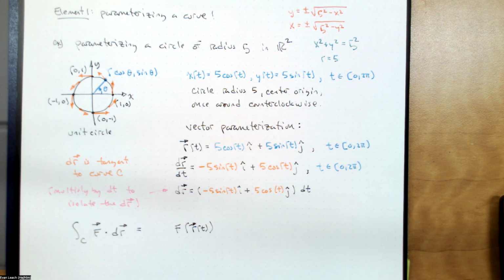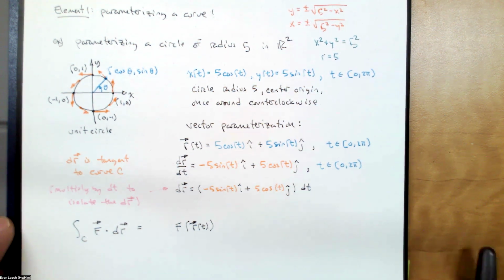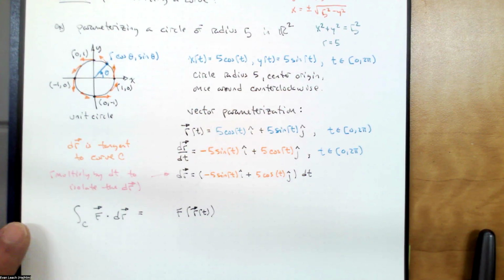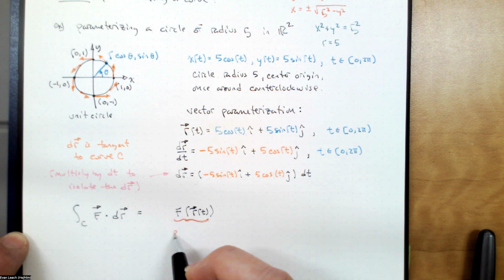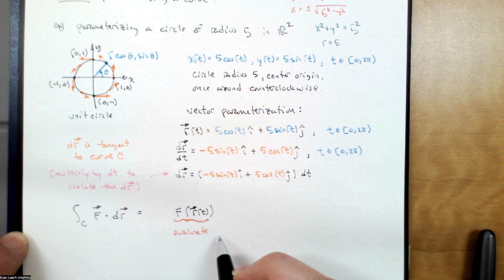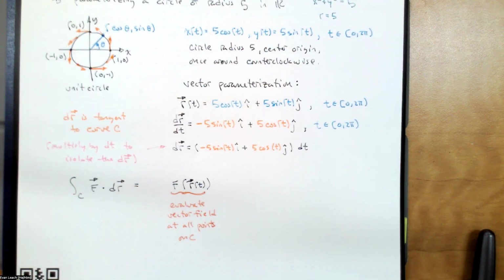Take all these points on the curve C, plug them into f dot dr. So this is just evaluate the vector field at all the points on C. Since C has been parameterized, it's just f evaluated at all these points, r of t.